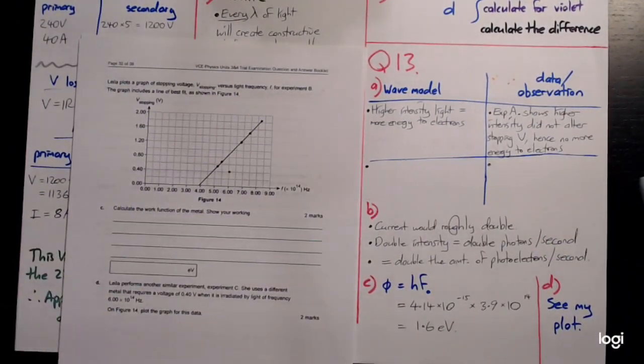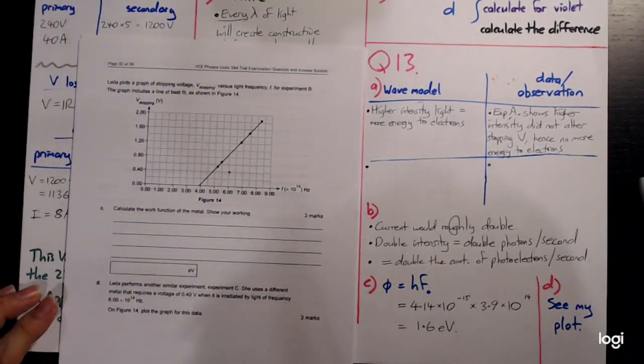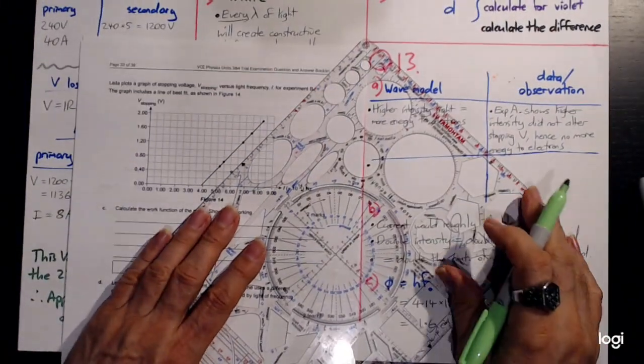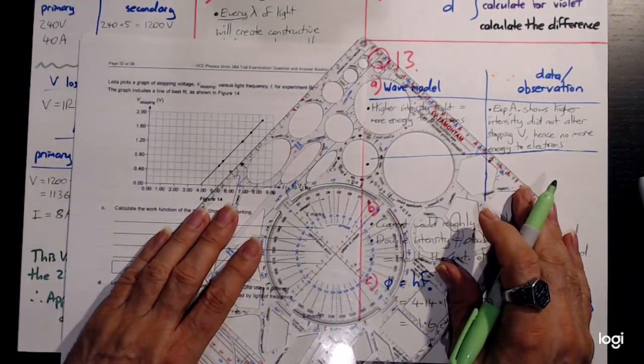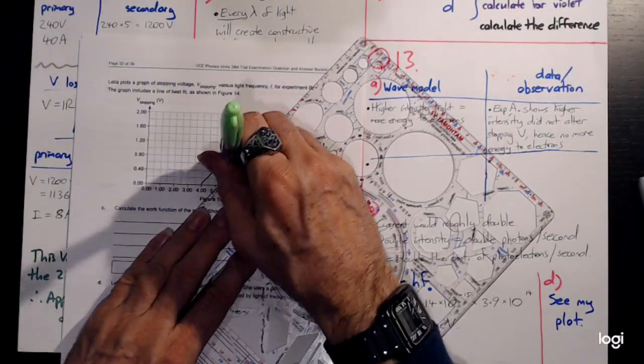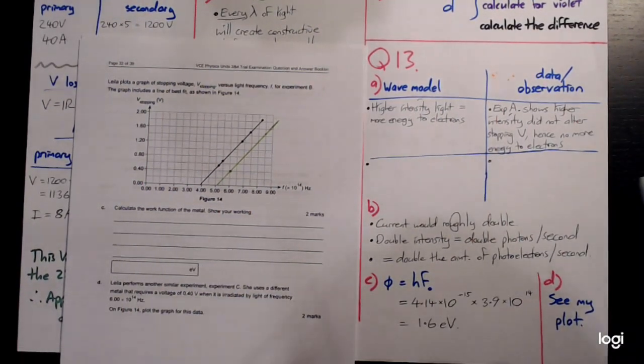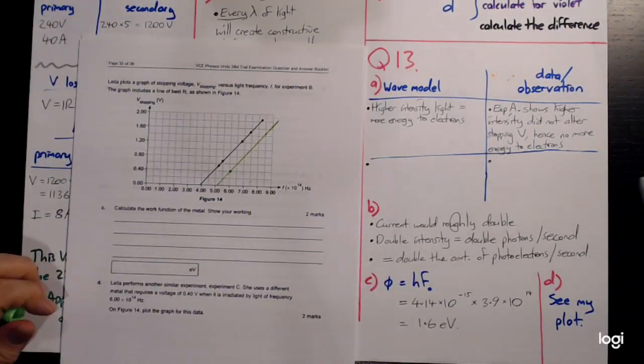There she blows. You know that all of these graphs will have the same gradient, which is Planck's constant. So we're just going to do this. There you go. Plot the graph of this data. That's it. Right.